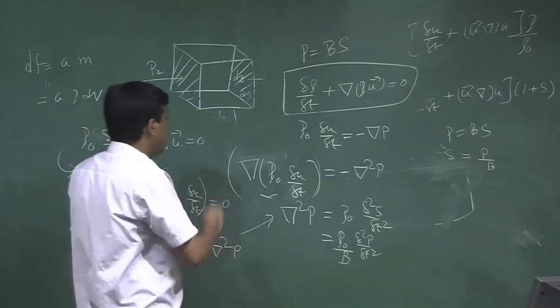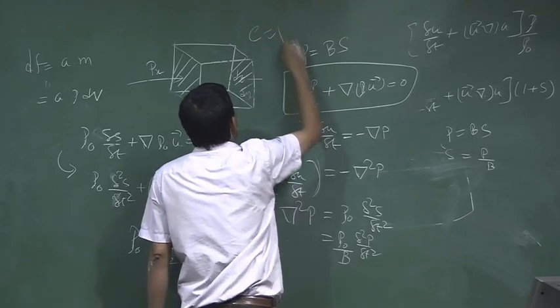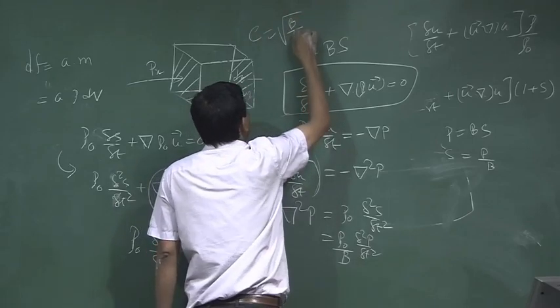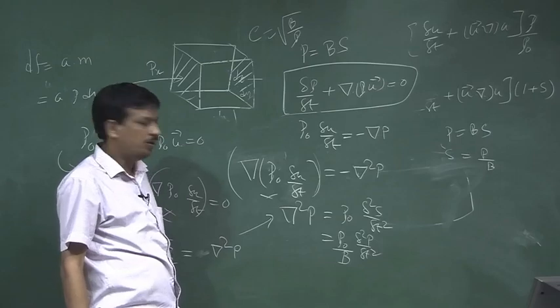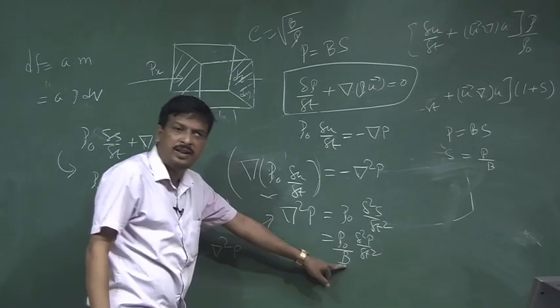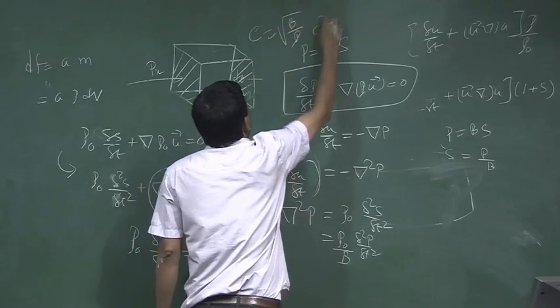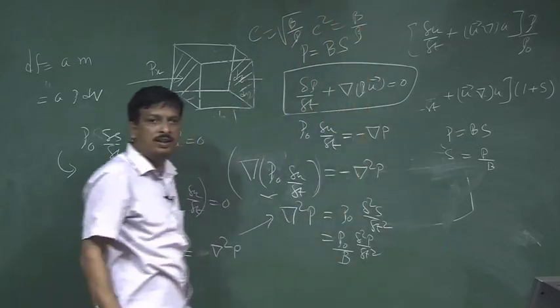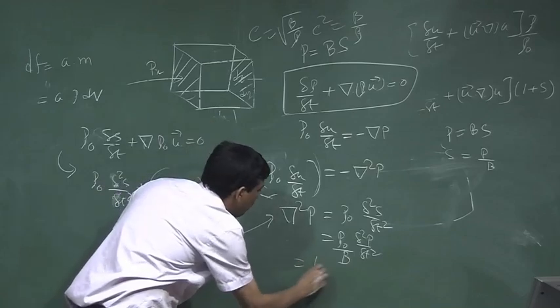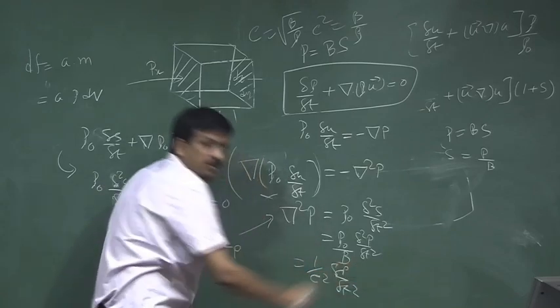So, what is C? C is nothing but, as we said, the bulk modulus divided by density. So, C square is equal to bulk modulus divided by density. So, it is nothing but 1 by C square del square P by del t square.